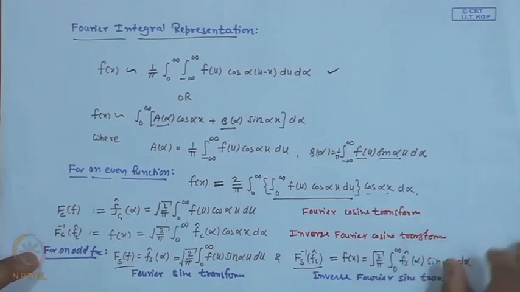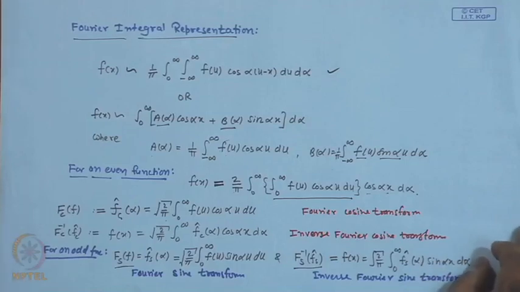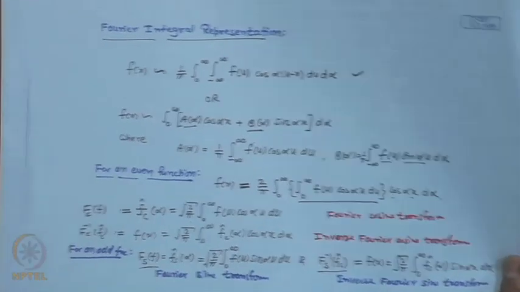We ended the last lecture at this point, and now we will continue with just one example and then go to the Fourier transform. So, let us go for one example here.